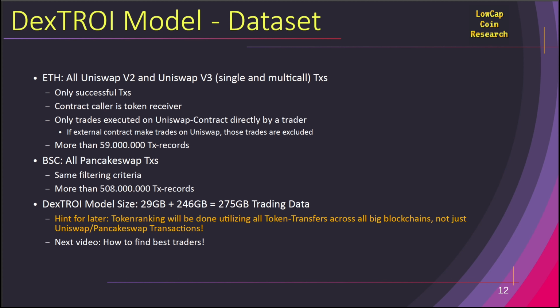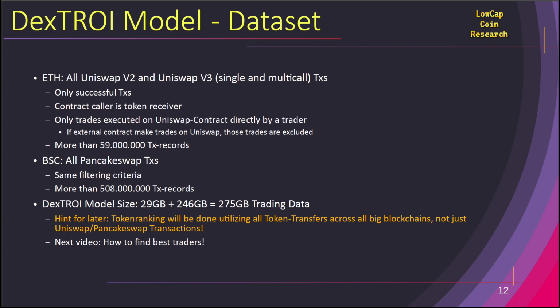All in all, the current state of the DexTROI model contains 59 million transactions from Uniswap and 508 million transactions from PancakeSwap. So all transactions from contract creation date till now. That is 275 GB of trading data waiting to be explored.